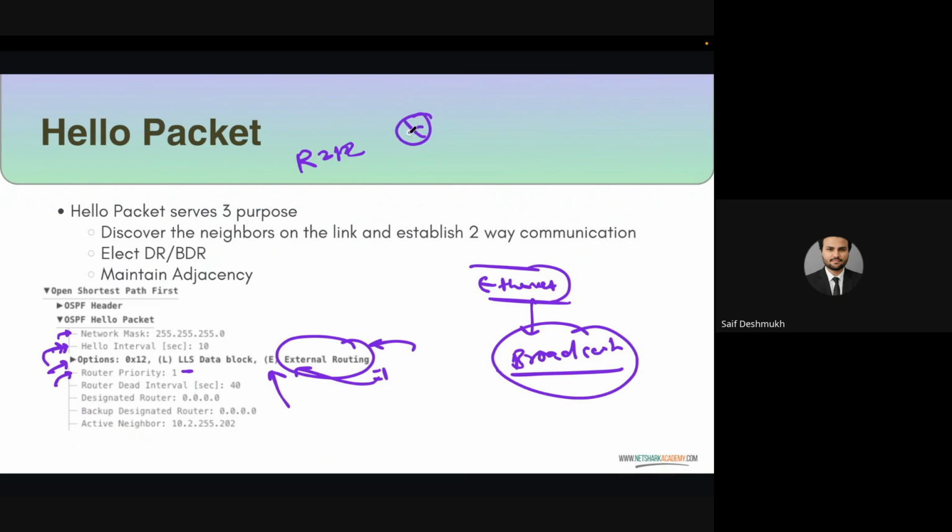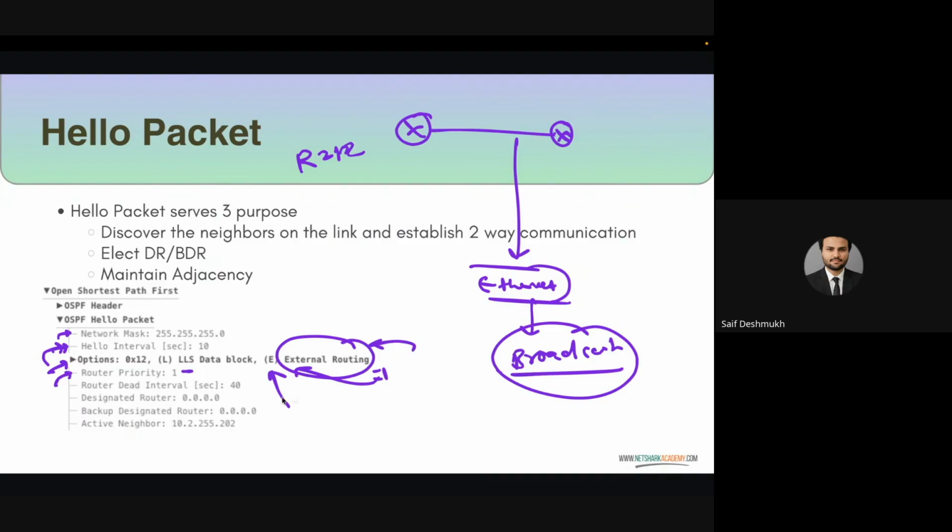Even though physically two routers are connected like this, it's still a broadcast because the technology is broadcast, not the physicality. The network type is defined based on the technology underneath, not how they are connected. Just remember that.